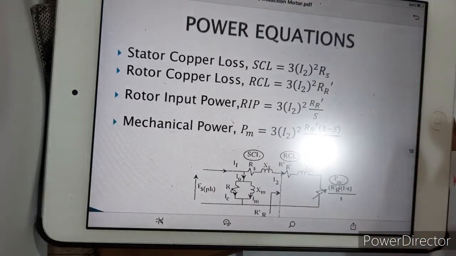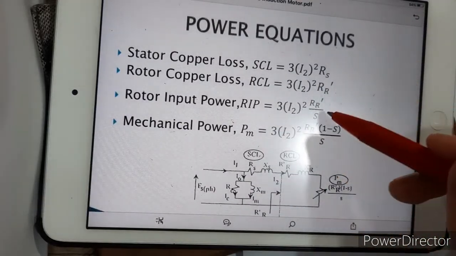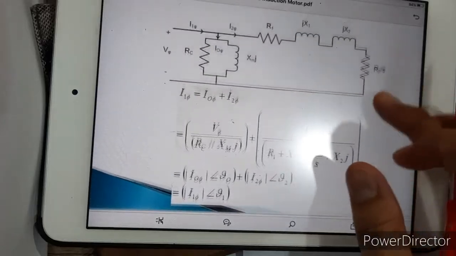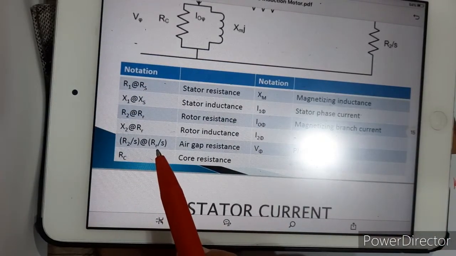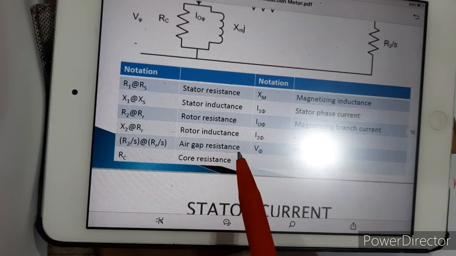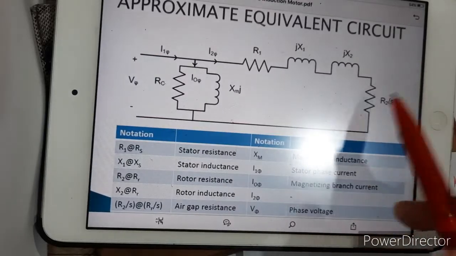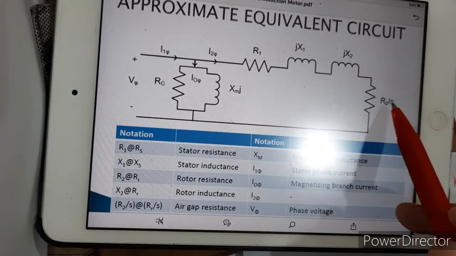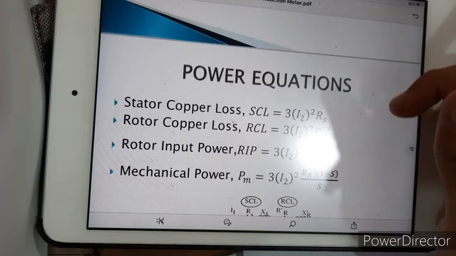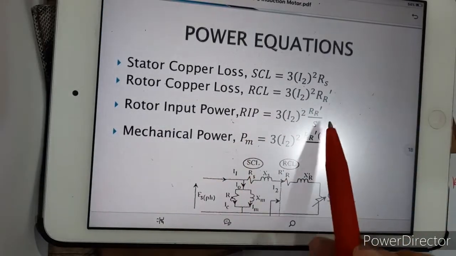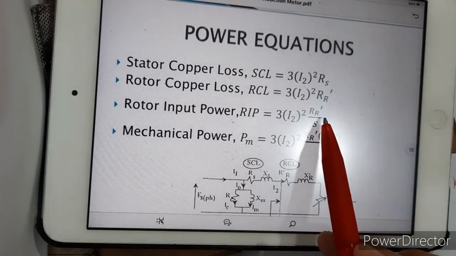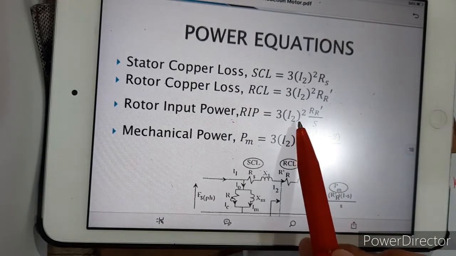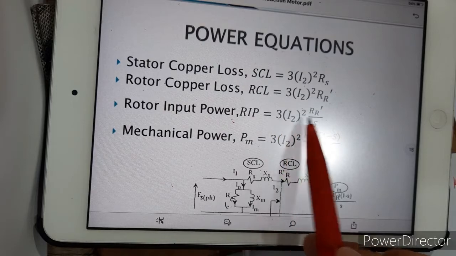And then for the rotor input power, RIP, R prime R over S is the air gap resistance. So to determine the rotor input power, we use this equation. The current that flows through R prime R over S is I2, multiplied by 3.